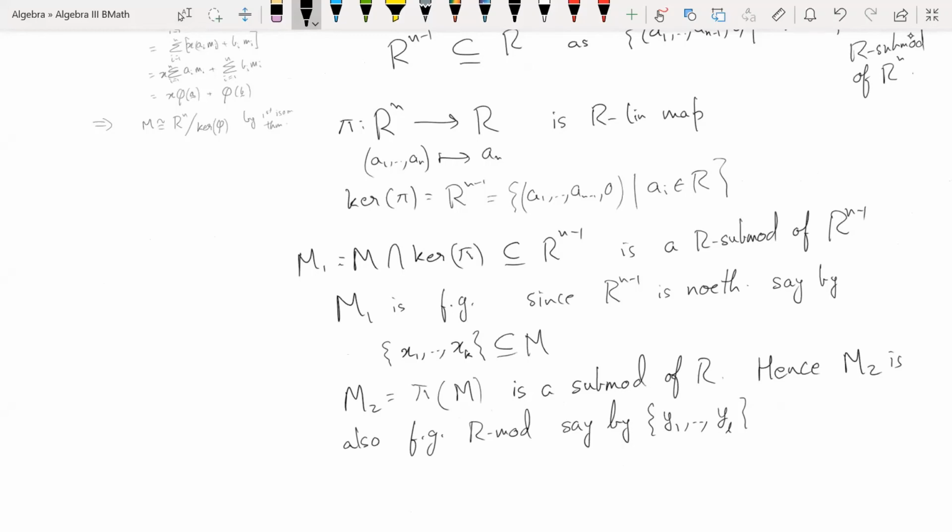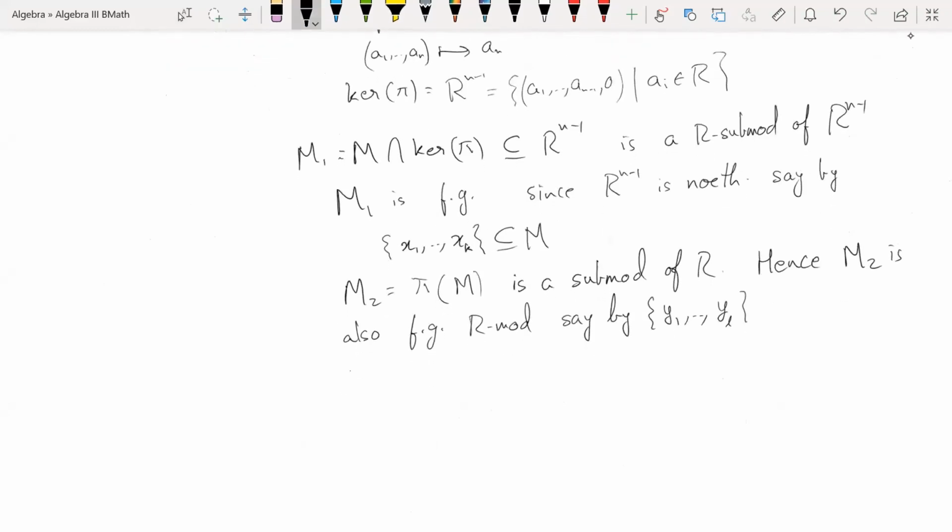So what I'll do is pick elements of M which map to y1 to yl, and then we'll claim that x1 to xk together with these new elements will generate M. So let z1 to zl in M be such that pi(zi) equals yi for i between 1 and l.